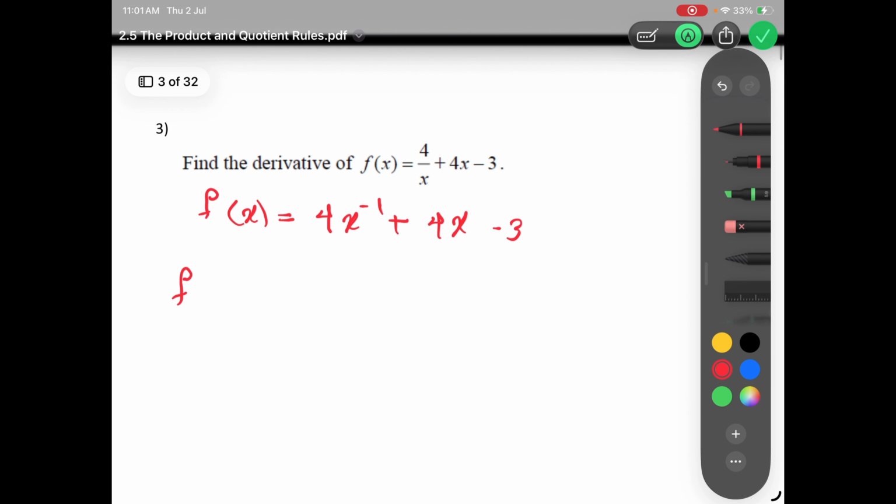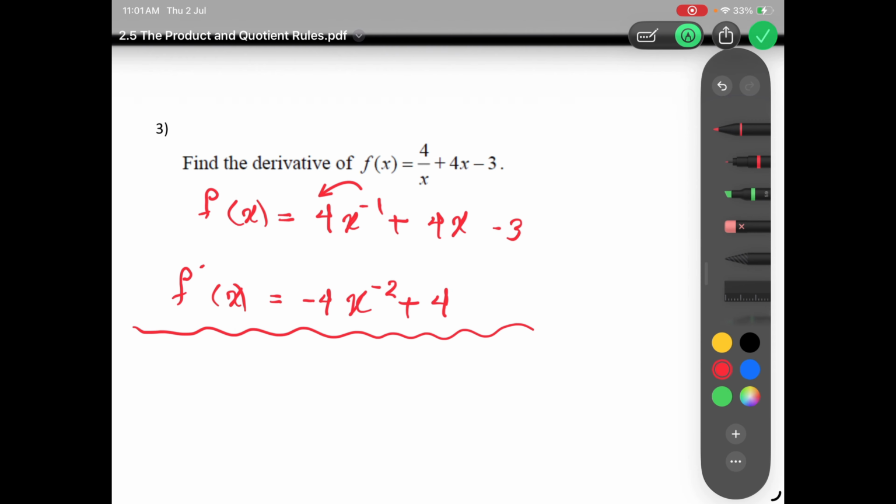And the derivative here, f prime of x: we will multiply this power by this constant, so it will be minus 4 x to the power minus 2 plus 4. That's it. This is one approach.